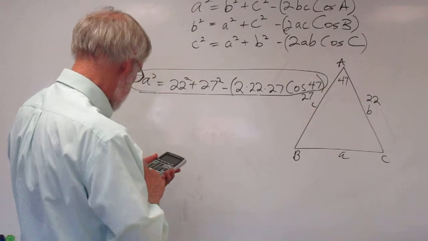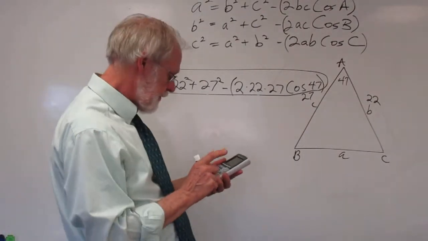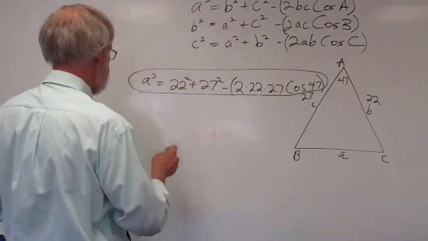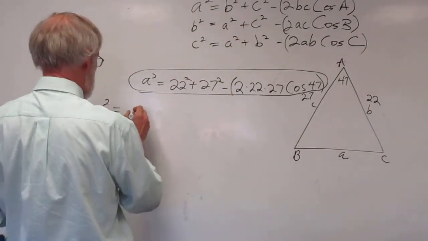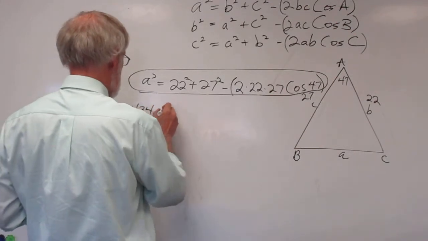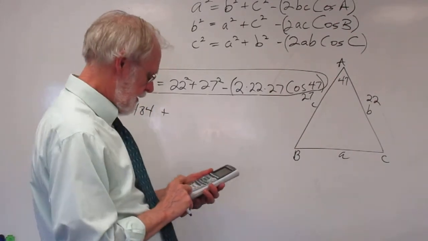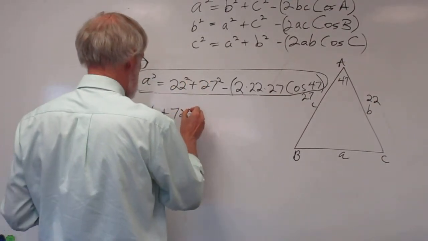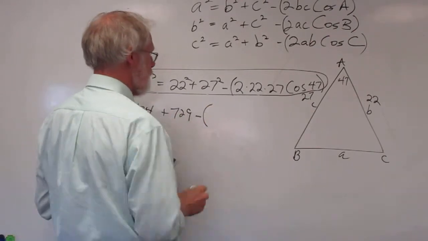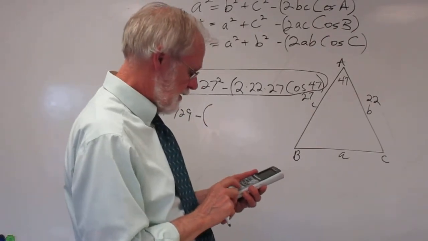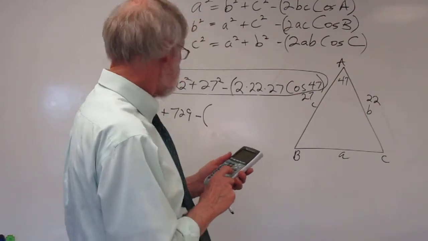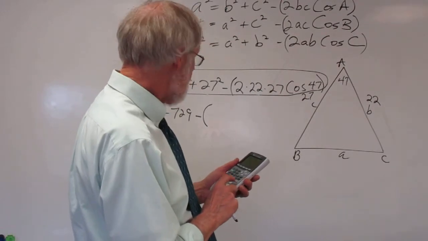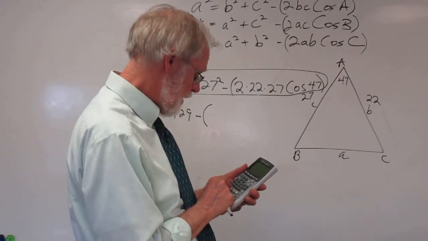So let's go to the calculator. I'll do this in a couple of steps; I don't like to do it all at once. 22 squared is 484, so I have a squared equals 484 plus 27 squared, which is 729, minus, parentheses, 2 times 22 times 27 times cosine 47.